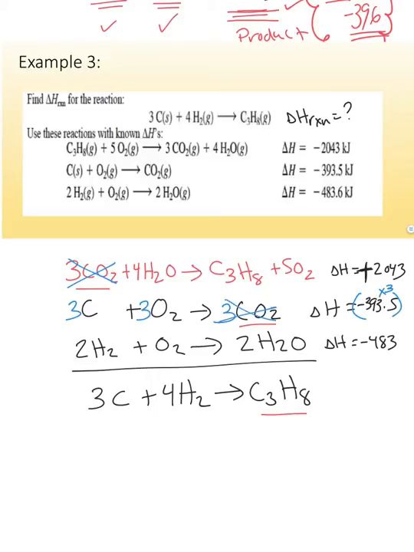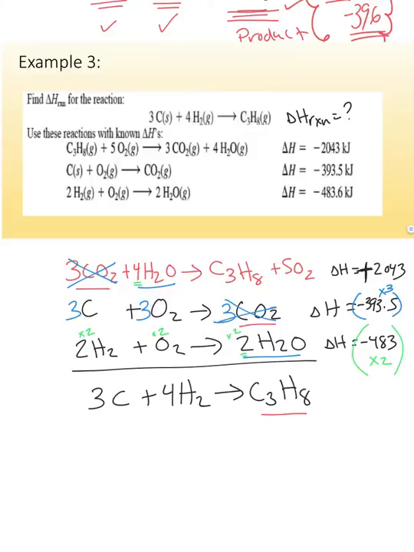Okay, is there anything else here that is not in the overall reaction that I want to cancel? Yes, there's H2O. H2O also is not in the overall reaction, so I want to get rid of it. So let's see. Here we have 4 H2O, here we have only 2. So this reaction, I'm going to multiply everything by 2, and the delta H should also be multiplied by 2.